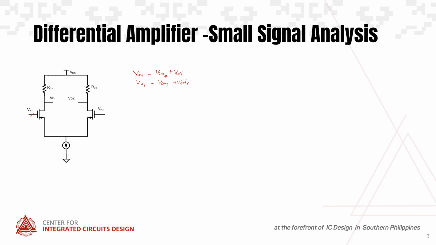Since, as we have mentioned, the DC sources should be grounded or zero, and VCM is also zero, our Vn1 is left with VID1, and Vn2 is equal to VID2.